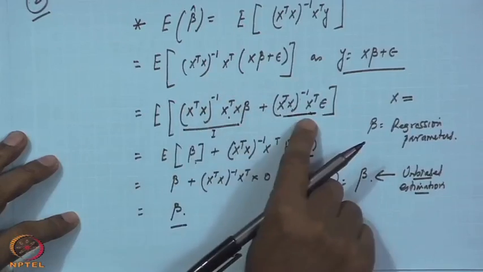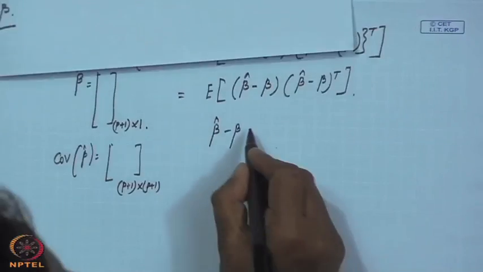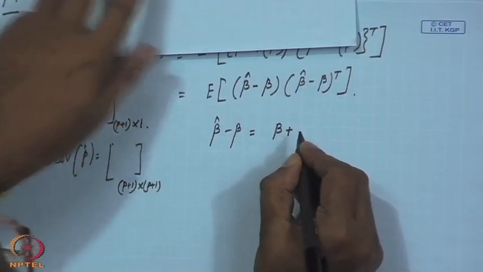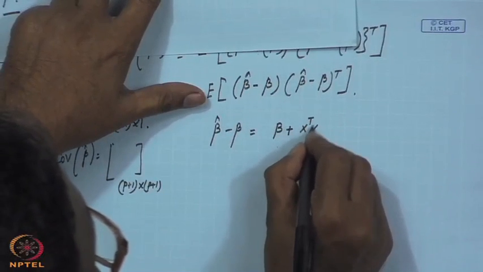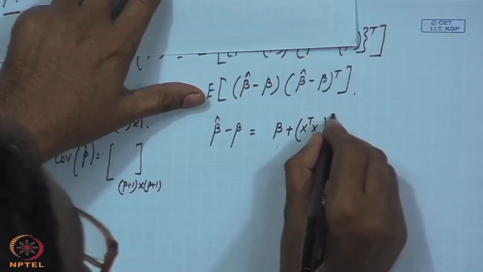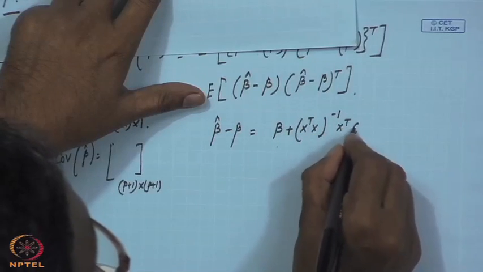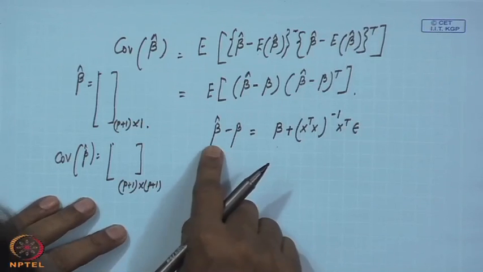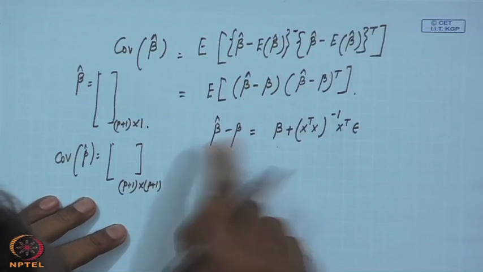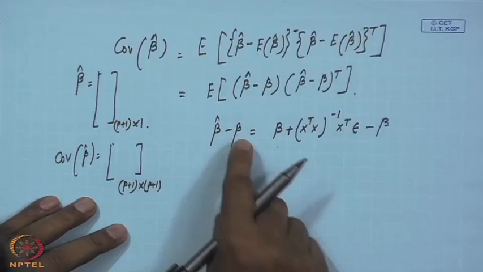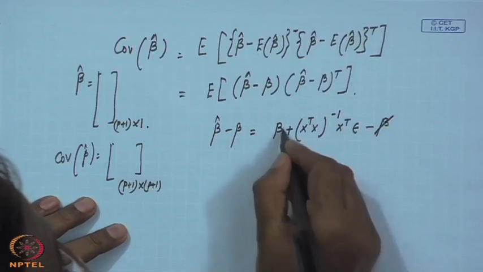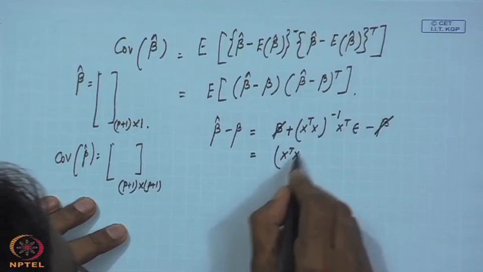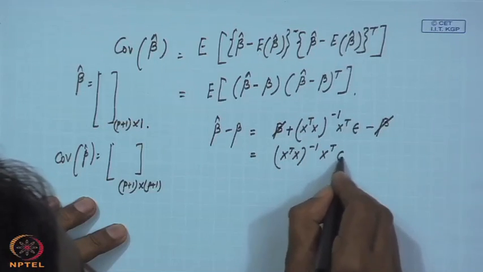So, I can write beta cap as beta plus x transpose x inverse x transpose epsilon. For beta cap minus beta, beta and beta cancel out, so this quantity becomes x transpose x inverse x transpose epsilon.